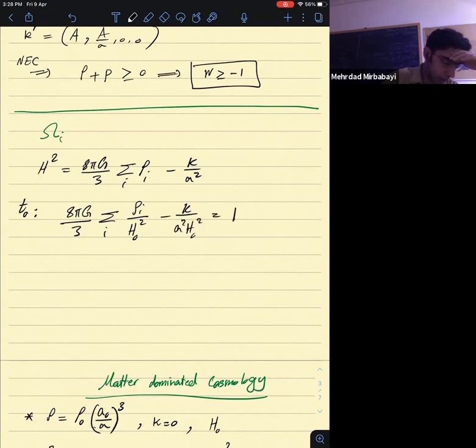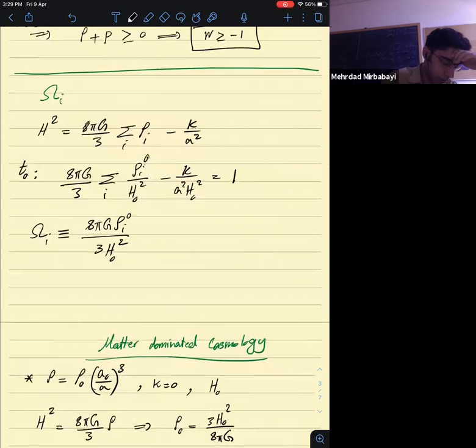So we define omega, big omega i, to be 8 pi G rho i today. Let me put 0 here, where 0 means today, divided by H naught squared. We define omega in this way.